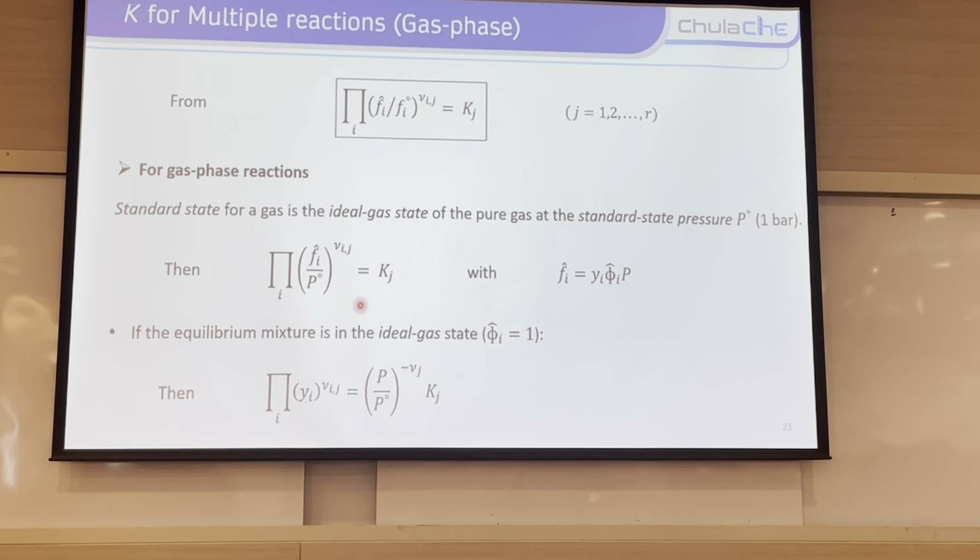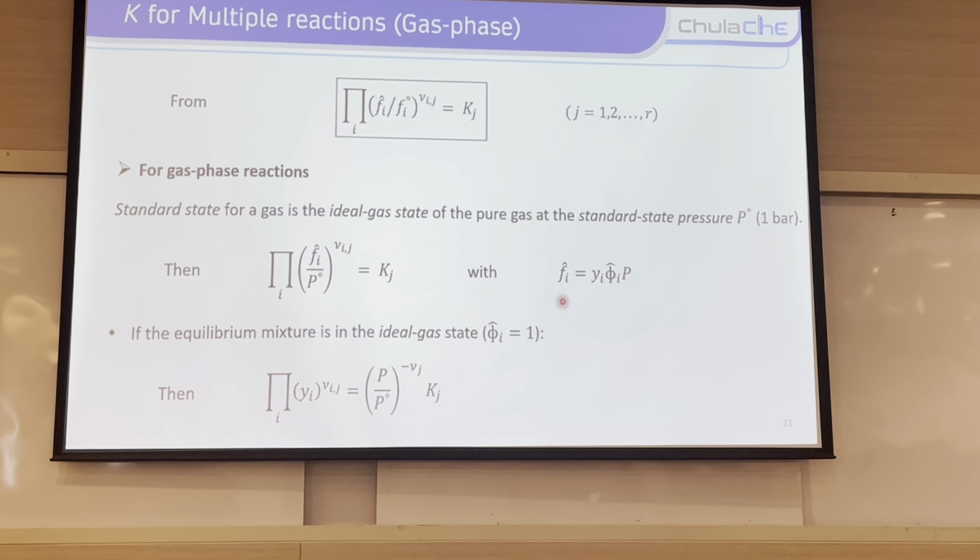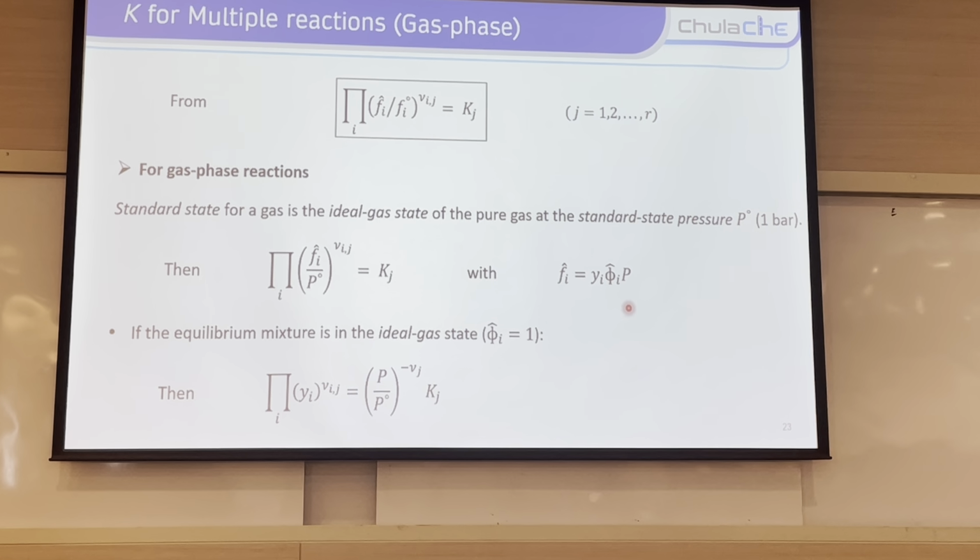One thing is you can change the standard viscosity to the standard pressure, which is equal to 1 bar. And another thing is you can change the viscosity in solution of species into the function of the mole fraction in gases, viscosity coefficient, and also the total pressure here.